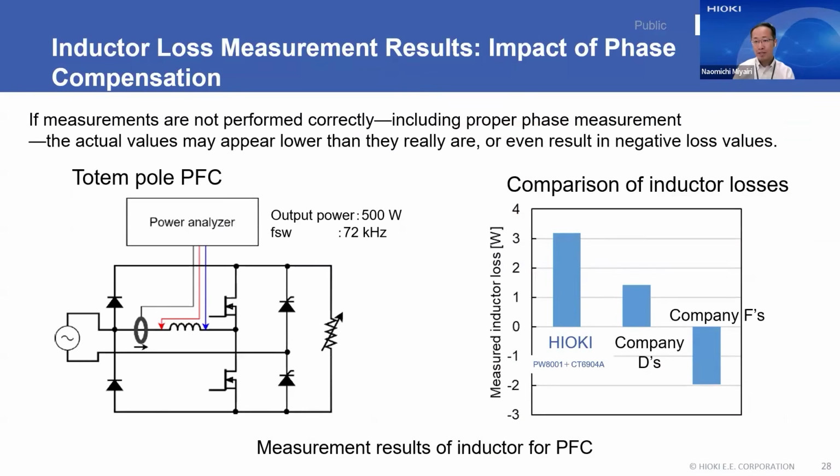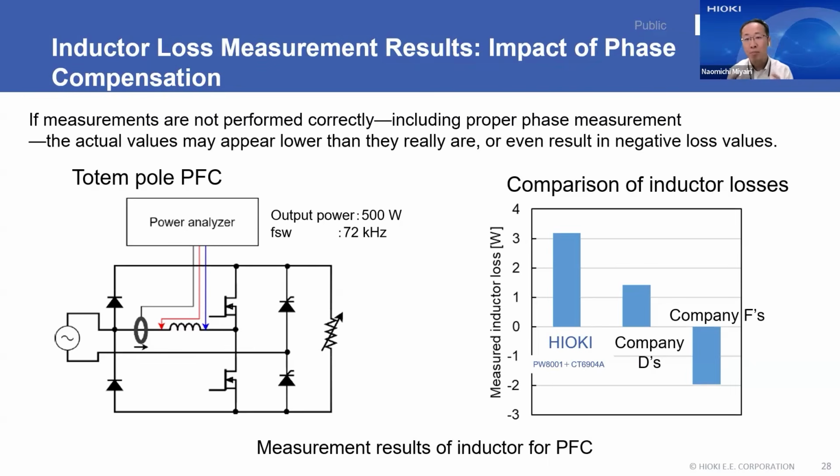If phase compensation is not applied properly, the measured loss values may appear lower than they actually are, or in some cases even show up as negative, which is physically unrealistic. In practice, measurements taken with different instruments and setups produced different results.